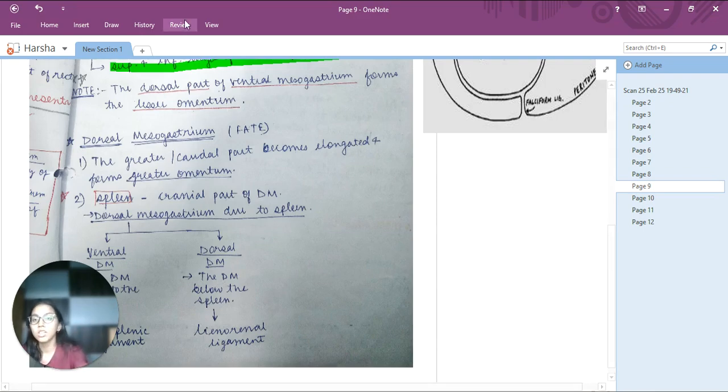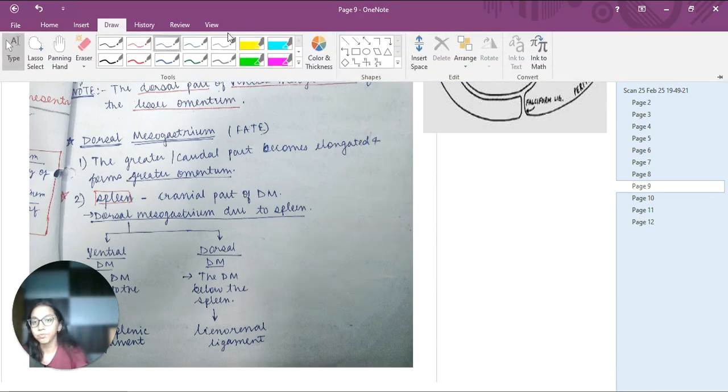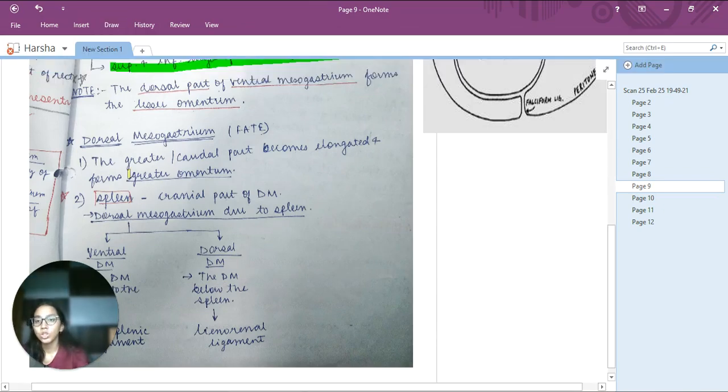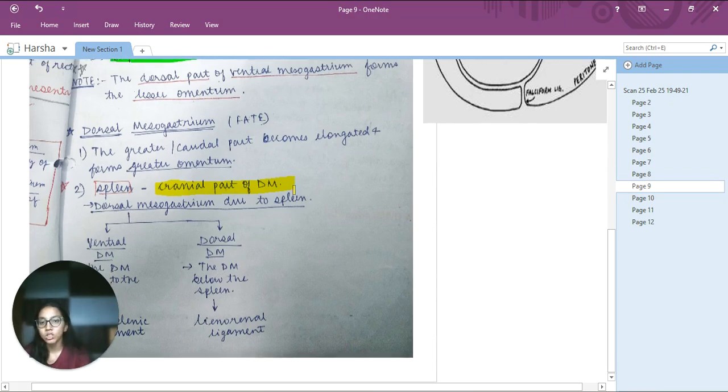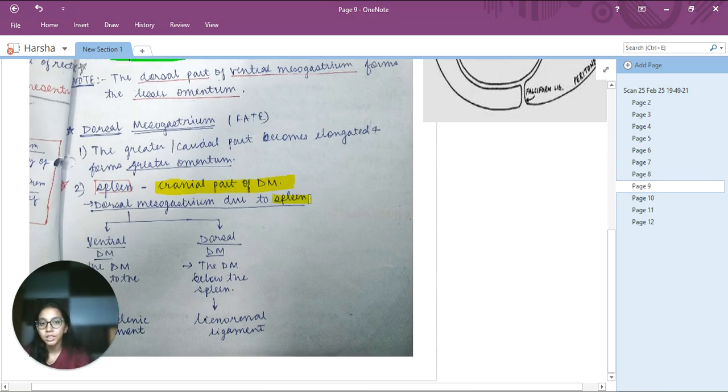Next, what is dorsal mesogastrium? The greater or caudal part of the dorsal mesogastrium becomes elongated to form the greater omentum. Now the spleen forms the cranial part of the dorsal mesogastrium, so the dorsal mesogastrium gets divided because of the spleen.